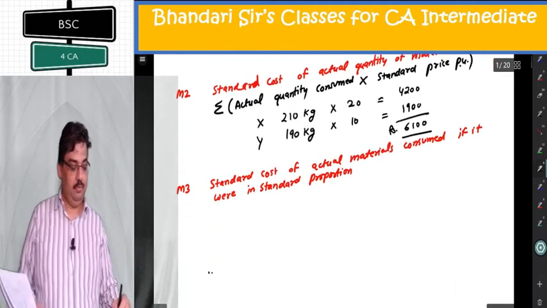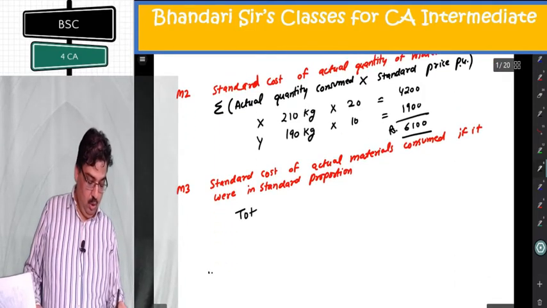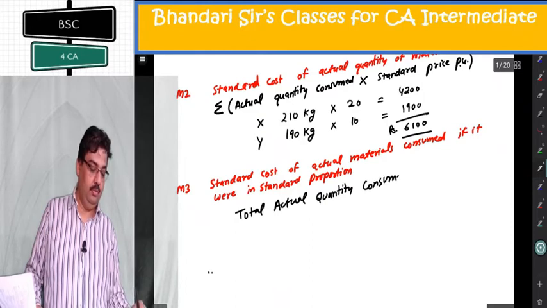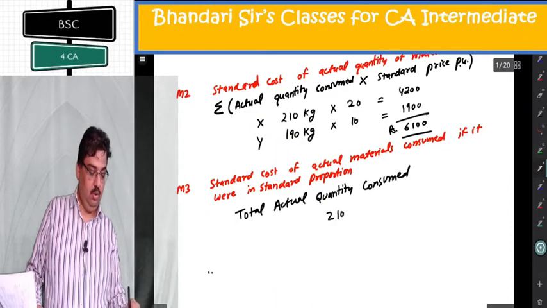M3. Total actual quantity consumed: 210 plus 190, 400 kg.